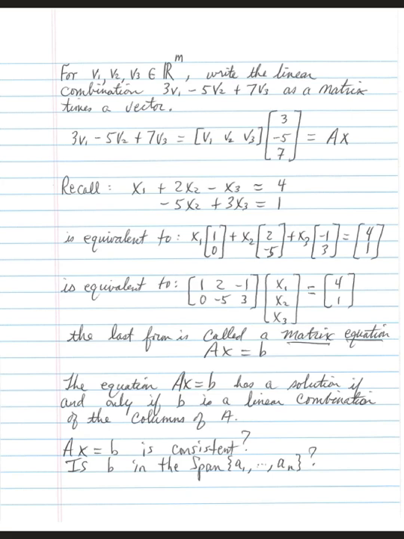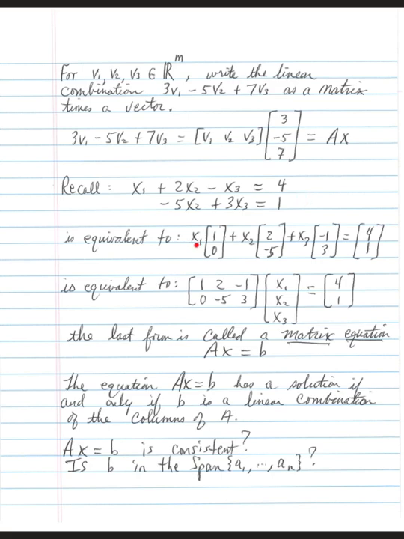Okay, so let's recall these two equations, 3 unknowns, 3 vectors actually. Let's think of it that way, as vectors. x1 has a coefficient of 1, but there's no second term here, so that's a 0. x1 times (1, 0), x2 has (2, -5), x3 has (-1, 3), and that's set equal to vector (4, 1).